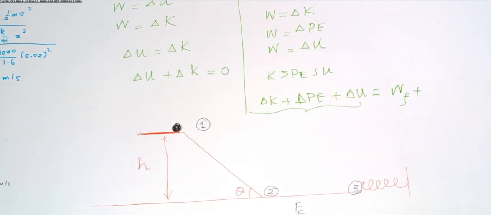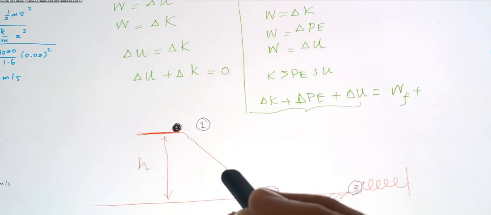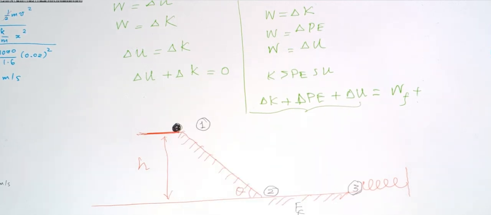How can I generate so many questions in that? For example, I will ask you what's the total energy at point A? It will be equal to mgh, the gravitational potential energy. Then I can ask what is the kinetic energy at point 2?